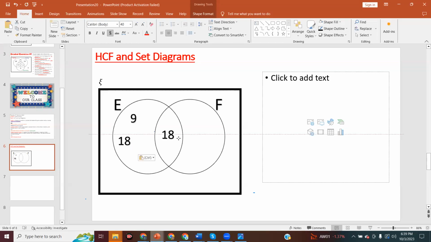Let's say in the middle that we have a lot in the middle. Let's say we have 1, 2, 3, 6.